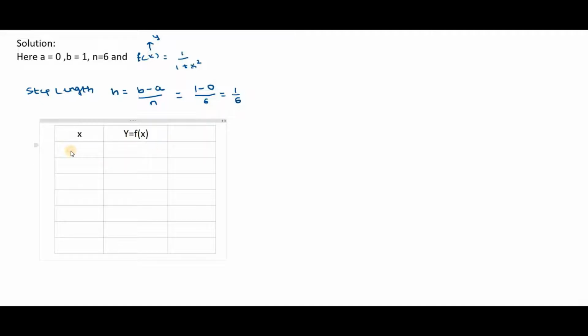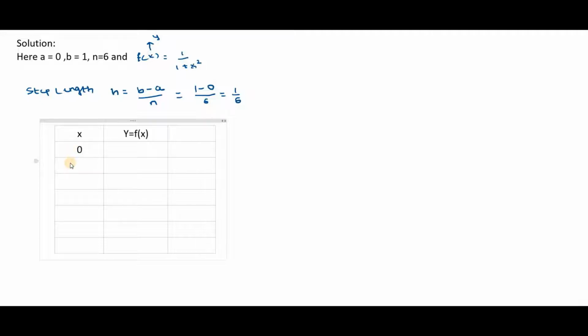In this case integration is given from 0 to 1. So first I will write 0, then the step length h is equal to 1 by 6, which means you have to add 1 by 6.